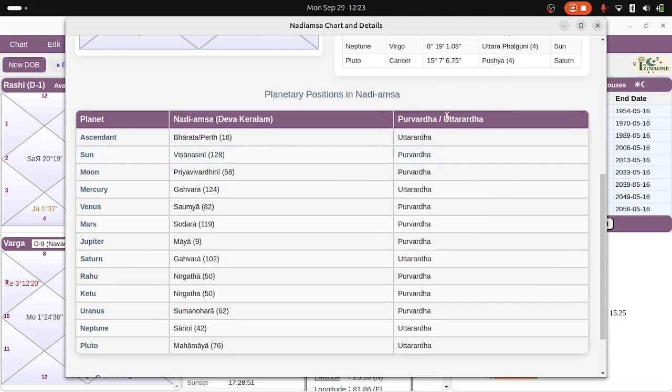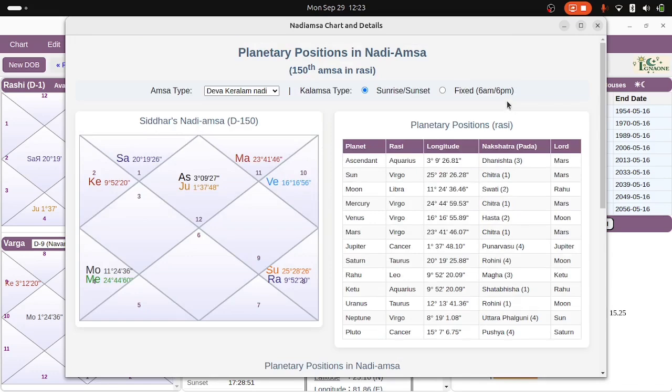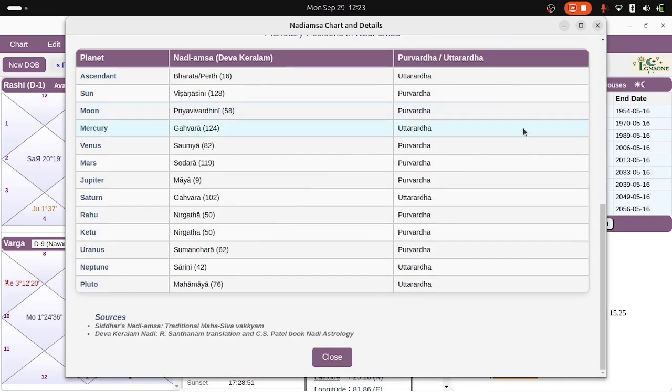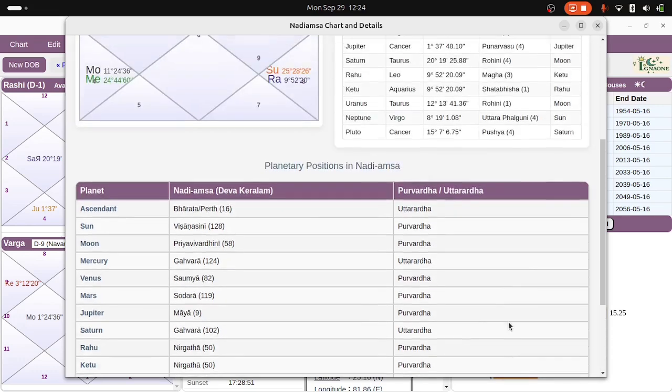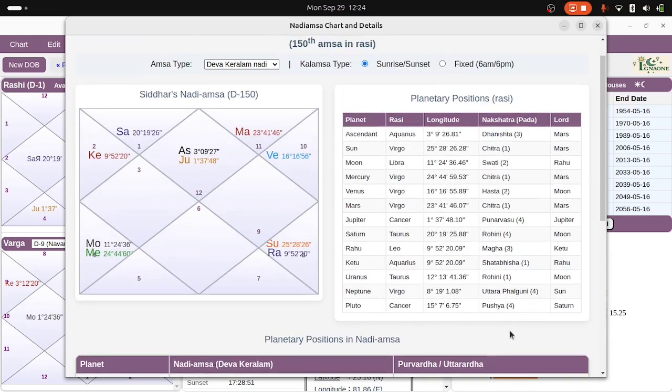You can do Purvad Uttarad, although C.S. Patel has also mentioned that Purvad Uttarad probably applies to the moon's nakshatra longitude, that is, how much it has proceeded within that Navamsha.